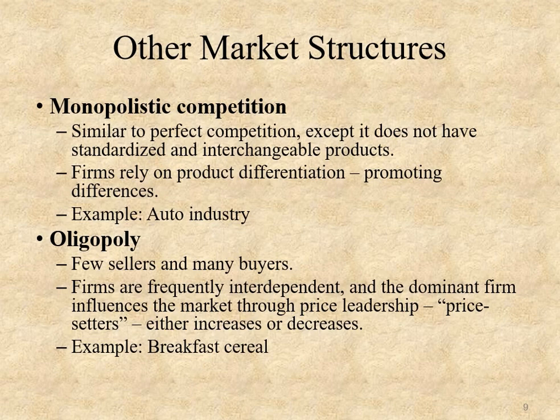Firms are frequently interdependent, and the dominant firm influences the market through price leadership, as price setters, either increasing or decreasing prices. An example is breakfast cereal. Now, there will be an IRAT that comes from this particular slide. You need to know here that monopolistic competition is the market structure characterized by non-price competition.